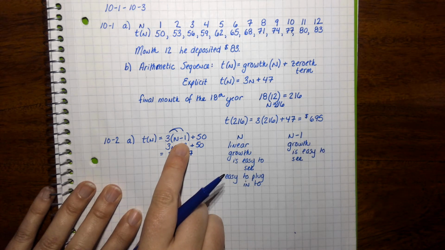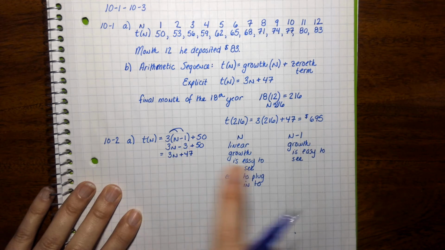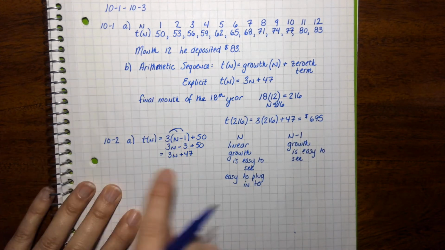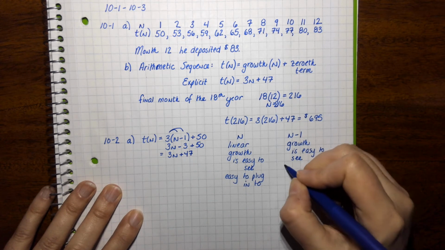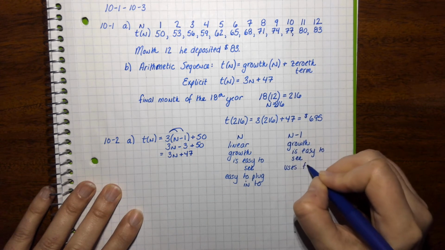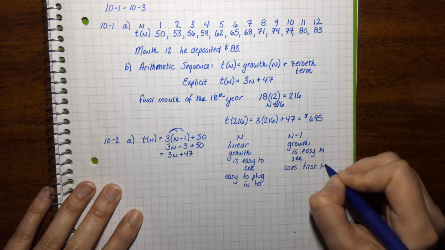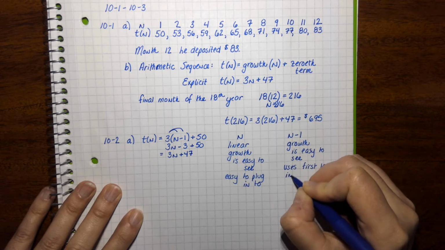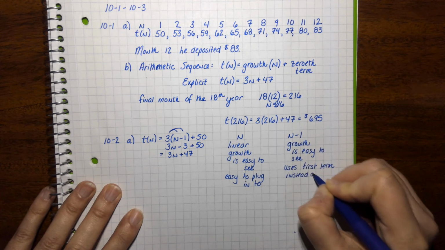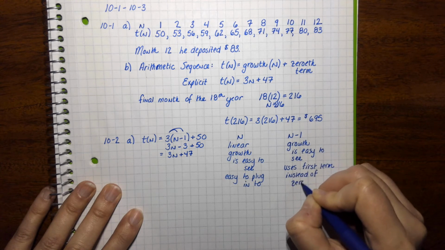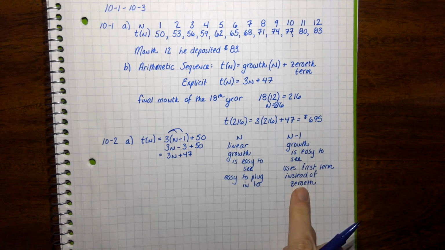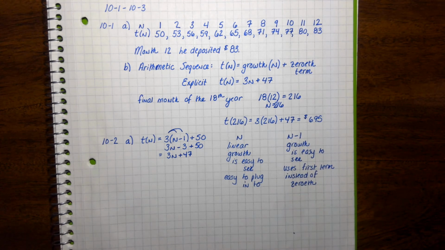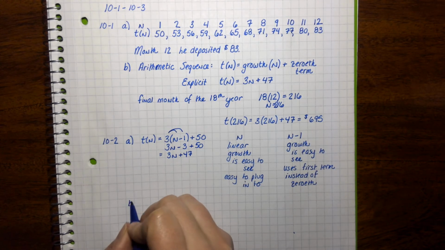You don't have to worry about going backwards to the 0th term. You can just use the first term, instead of the 0th, which is great, especially for those of you back in Math 1 who always forgot to find the 0th term. You know who you are.